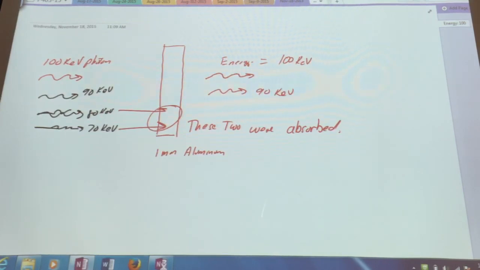So 4 photons go in, 2 photons come out. Some absorption occurred. You know how to calculate an average of something? Calculate the average energy going in and the average energy coming out.